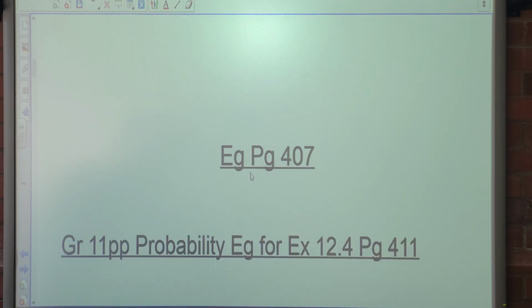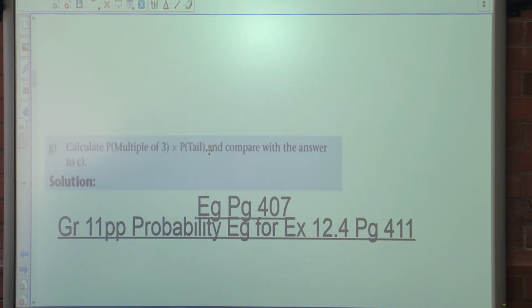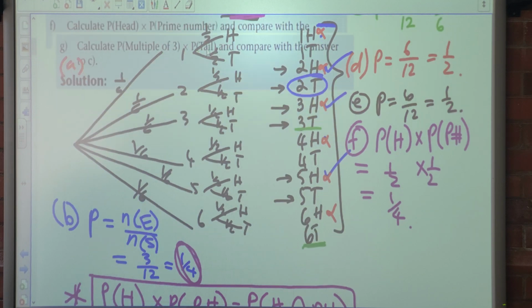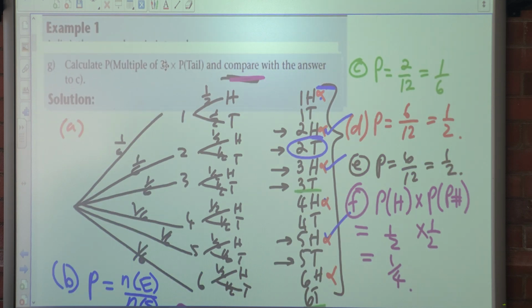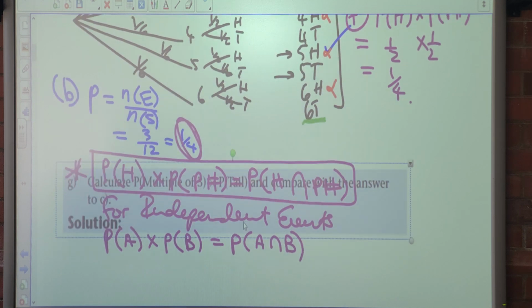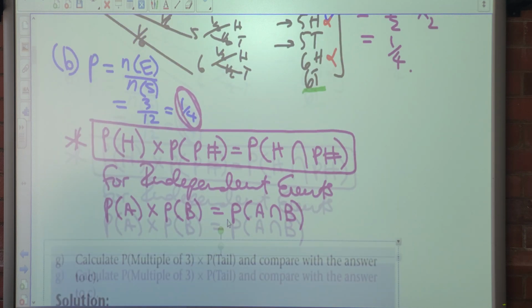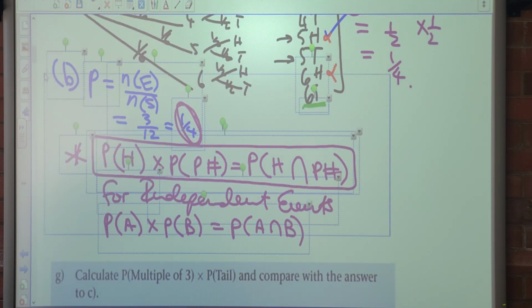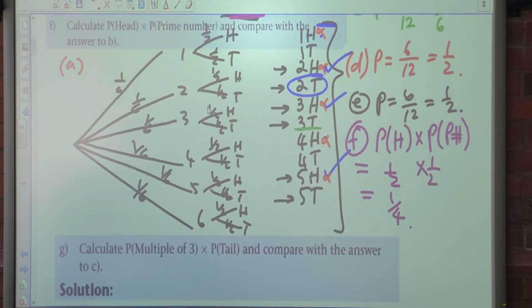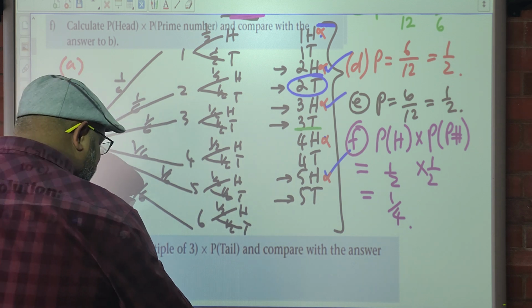Now finally we are at the next example. Calculate the probability of a multiple of 3 times the probability of tails and compare it with C. What I'm going to do is take this off here so that we can pull this up a bit.